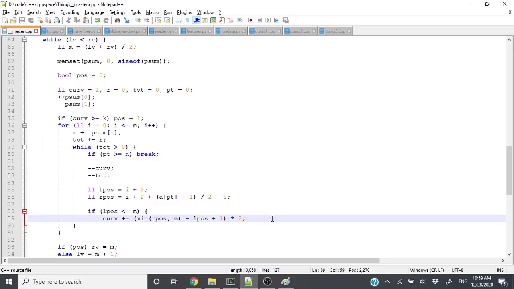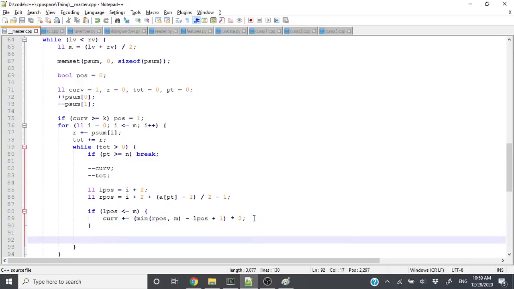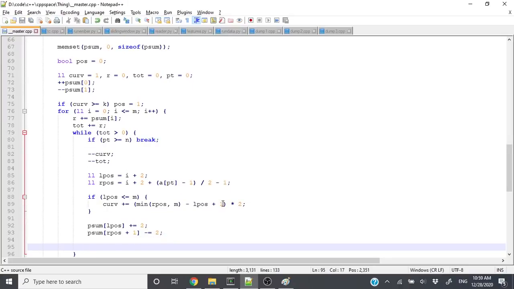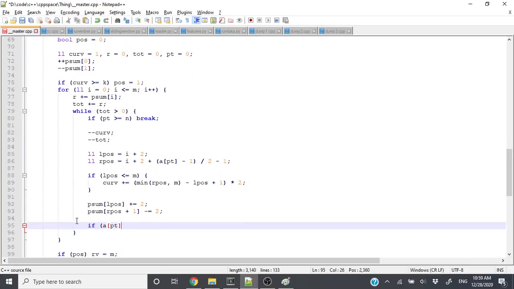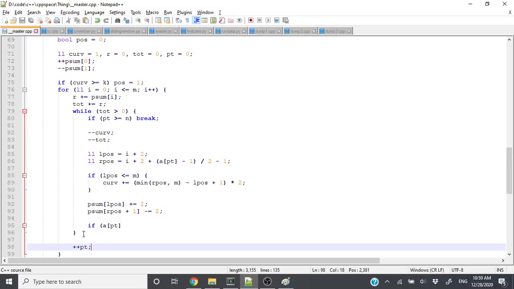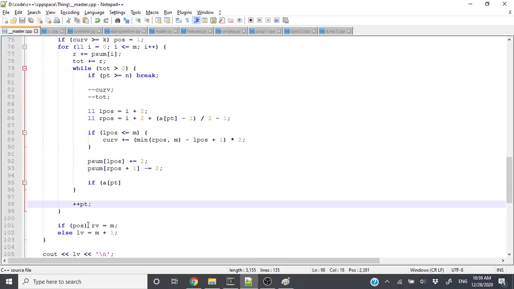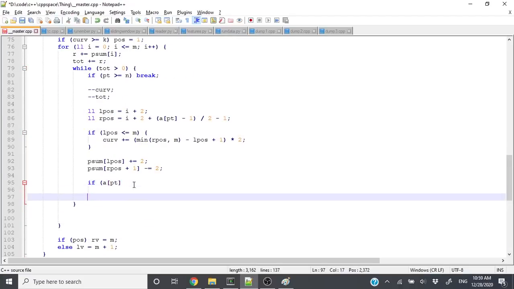Then, of course, this is only if Lpause itself is within range. Then psum Lpause plus equals 2, psum Rpause plus 1 minus equals 2. That will do the interval that we want. Then if a[p], also eventually plus plus p, actually this should be within this loop.